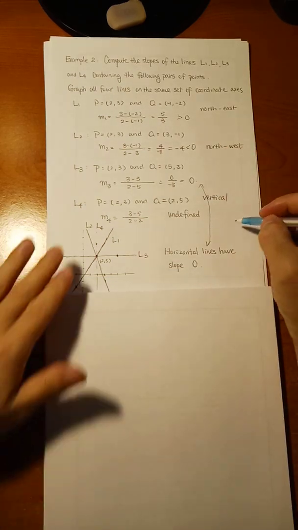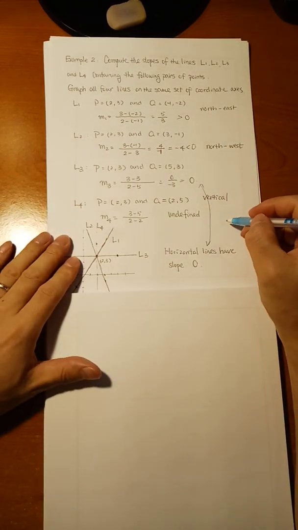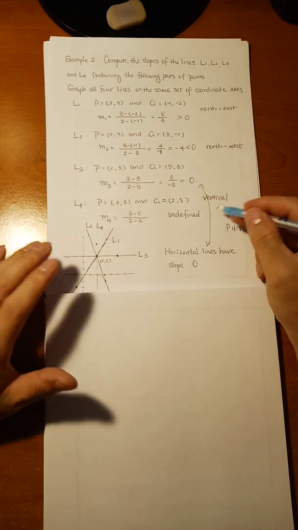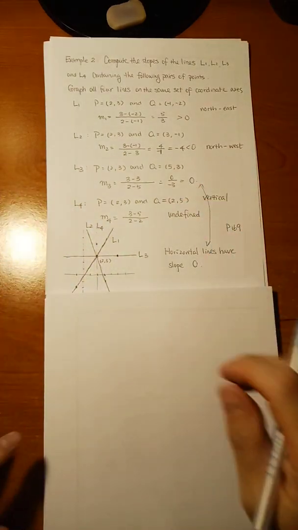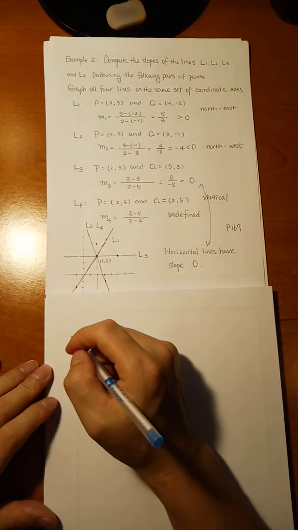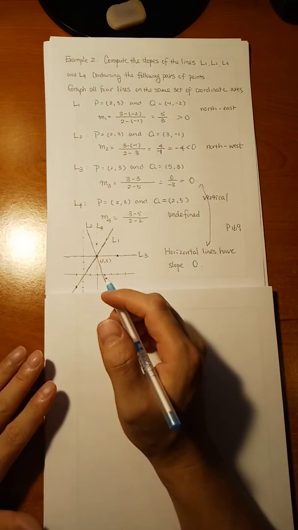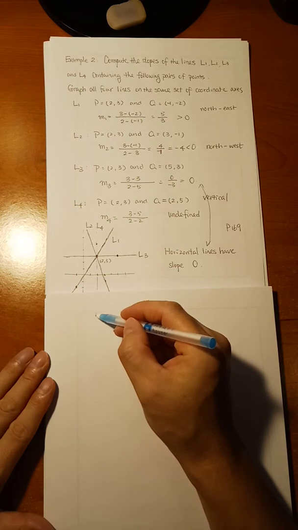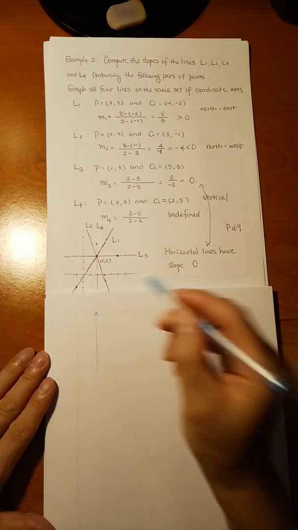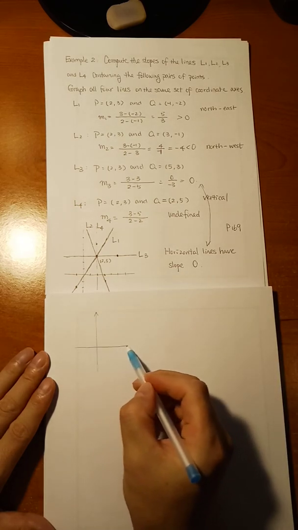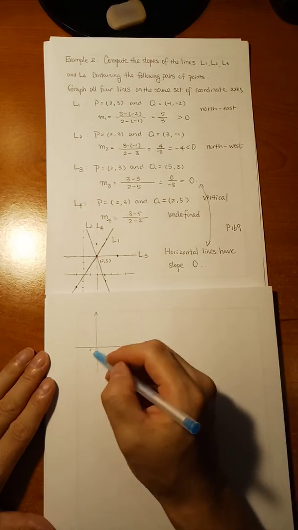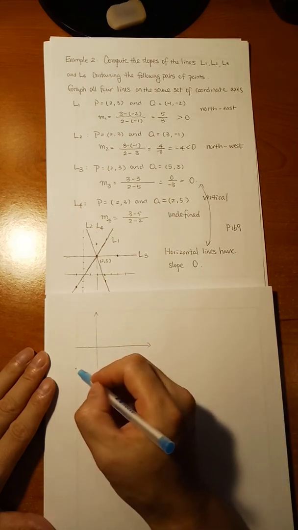This classification, those 4 cases, is on page 169. There's a yellow box, so you can check it. And if we want a more precise property, it's the following. Let's assume this line passes through the origin.